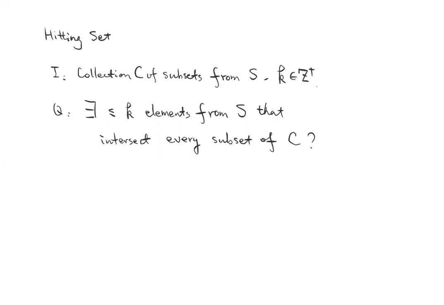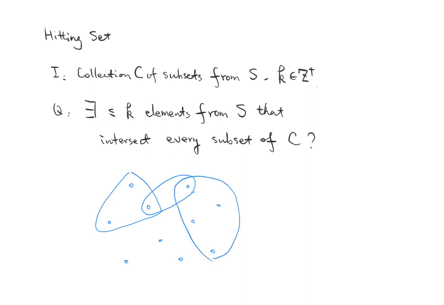All right, so we have a ground set S. So that's a ground set. Each point here represents a ground element in the ground set. And the input is a collection of subsets.